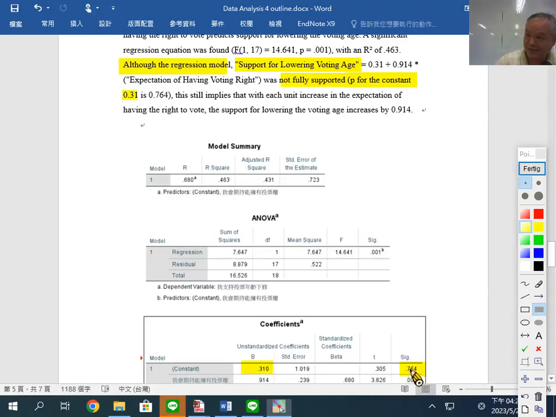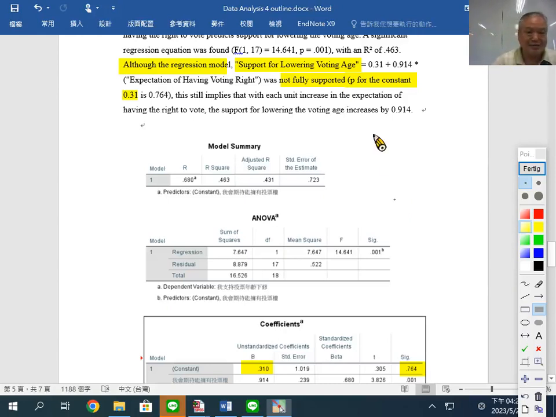So this is evidence. Basically, the style of reporting a statistical report is always: identify the fact, provide the evidence. Identify the fact, provide the evidence, on and on.